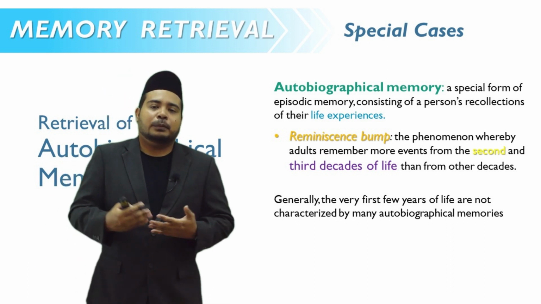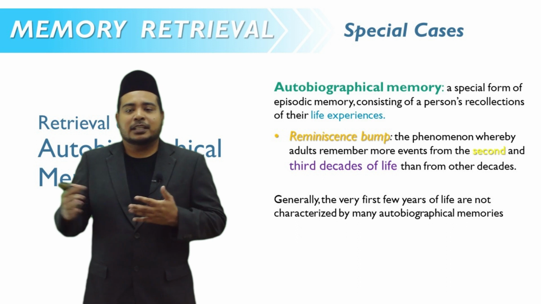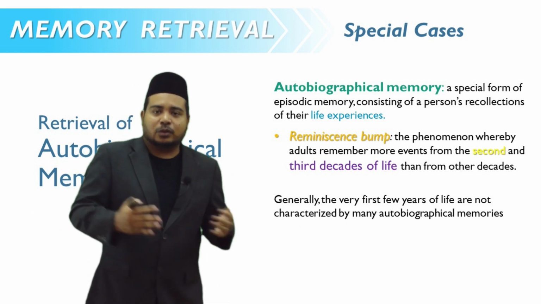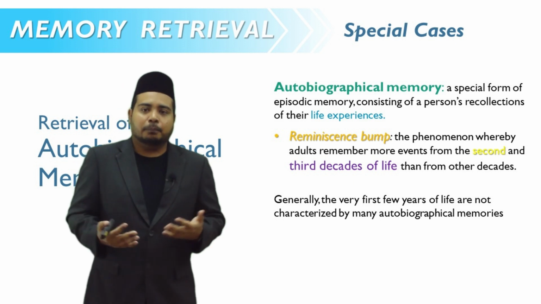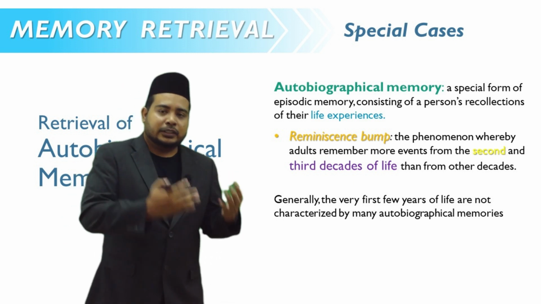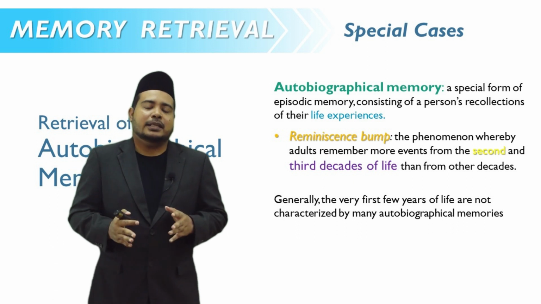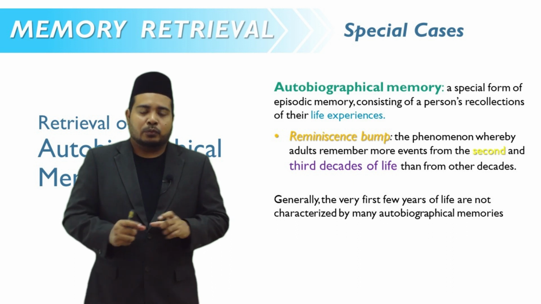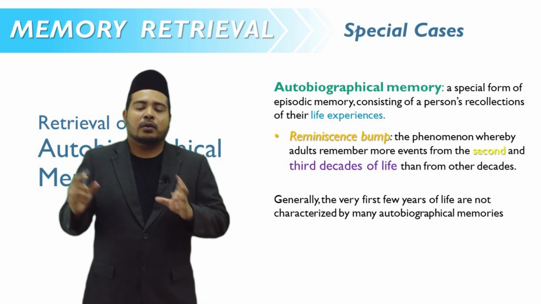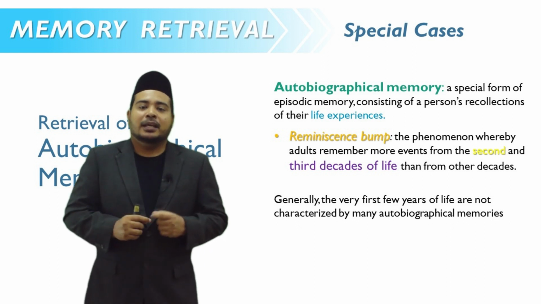If you talk with people aged 50 years old, same again, a similar pattern or trend you will notice, where people talk more about their life in their teenage and early adulthood. This is what is emphasized by the reminiscence bump when we talk about autobiographical memory about our own life events.